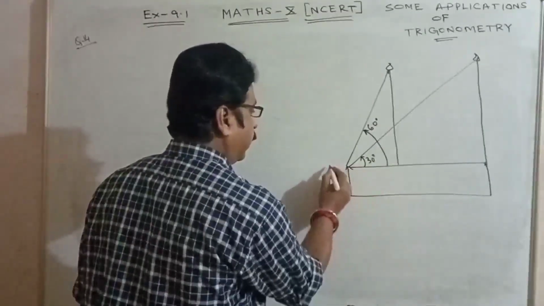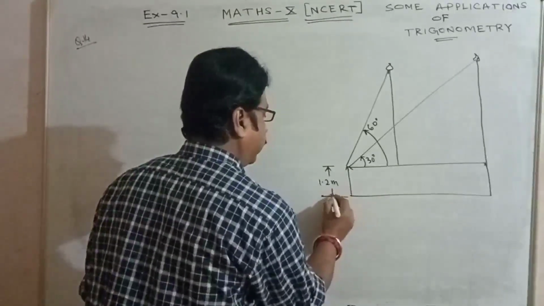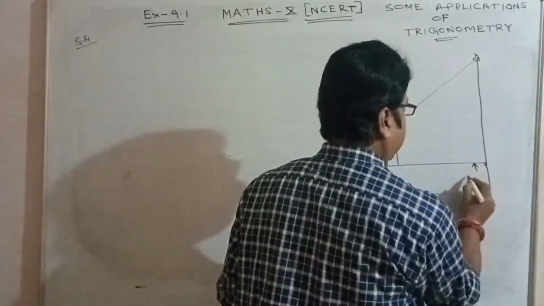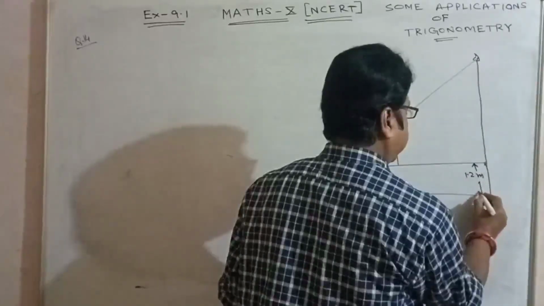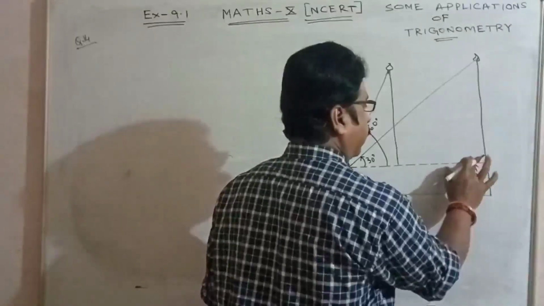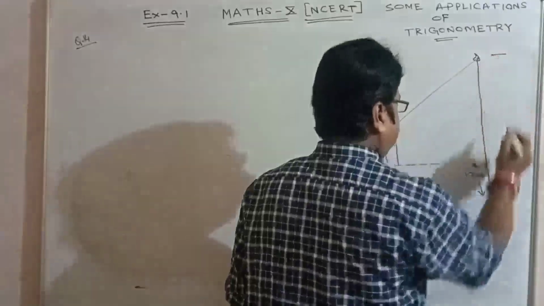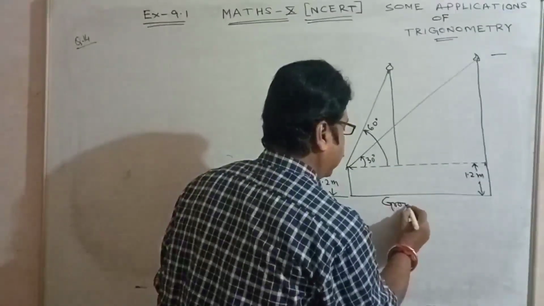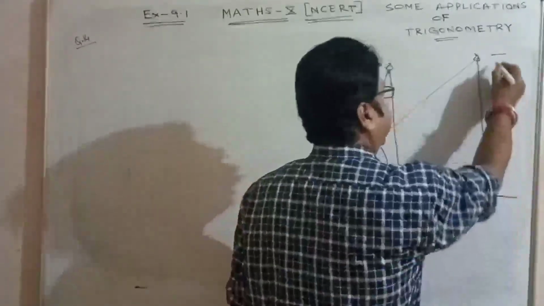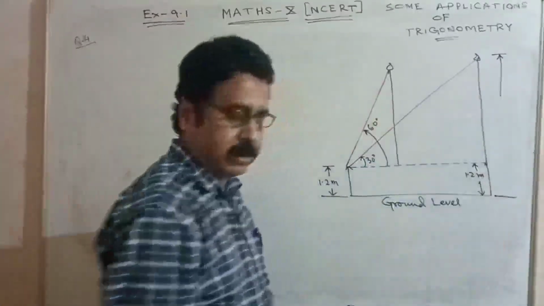This is the position of the girl. Height is given 1.2 meter. If this is 1.2 meter, this also will be 1.2 meter. Height of this is ground level. From the ground level, the height of the balloon that is given is 88.2 meter.